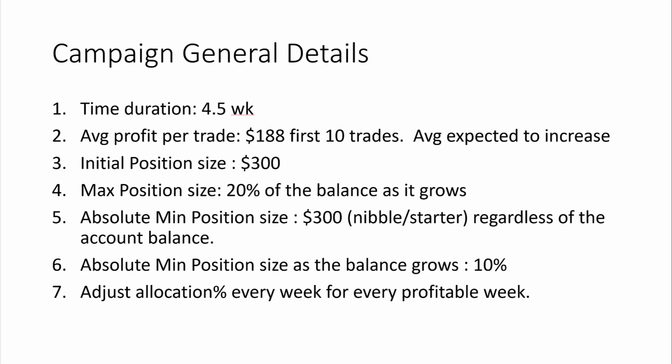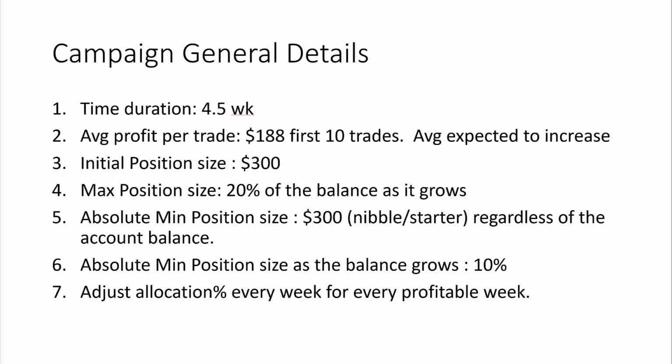And then the average is expected to increase in subsequent campaigns. We'll start off the initial position size, as I mentioned before, at 20% of 1,500, which is 300. The max position size of a running balance, as the balance grows, will be capped at 20%, always.